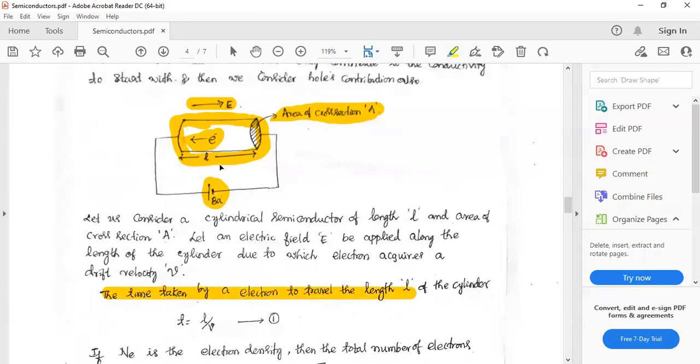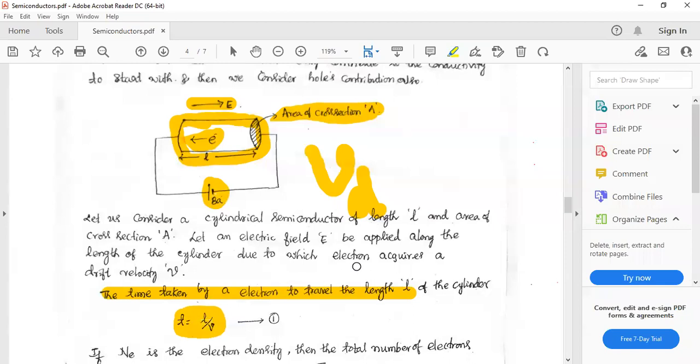If the length of the semiconducting material is L, then I will define drift velocity, or velocity of electron inside the semiconductor, as V or Vd. Okay, V suffix d, that is the drift velocity of the electron inside the material. And therefore, the time taken by the electron will be given as L divided by V, right?